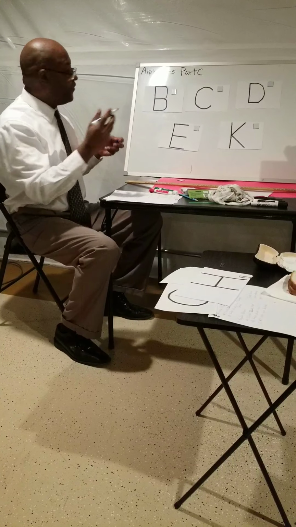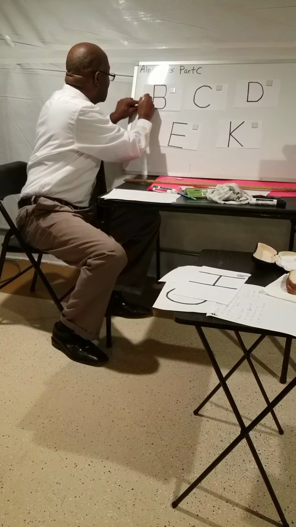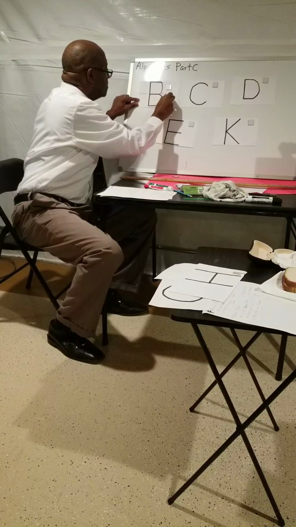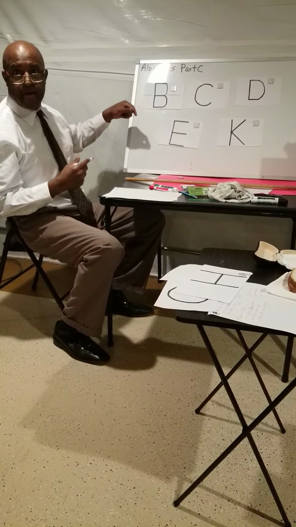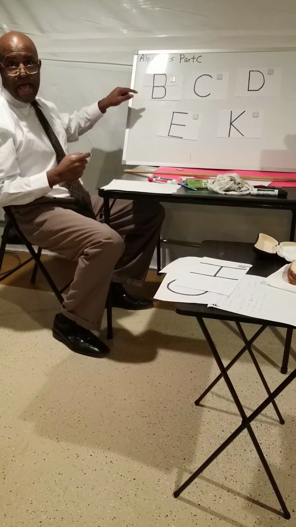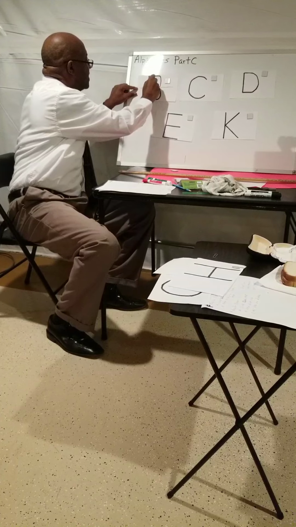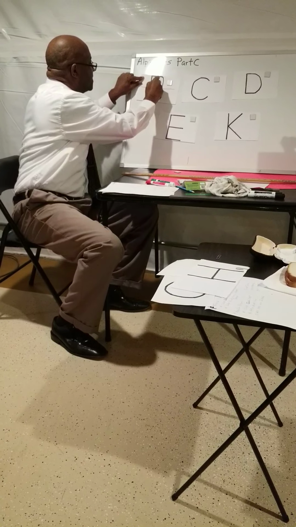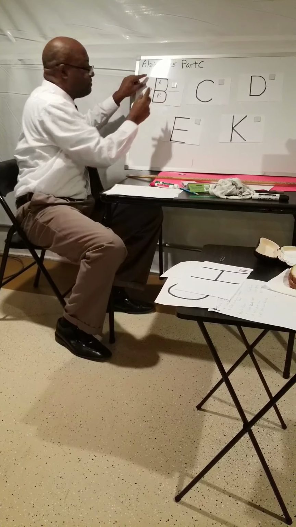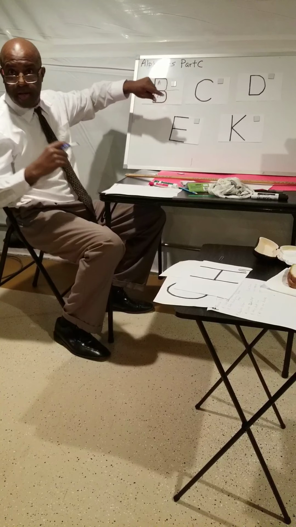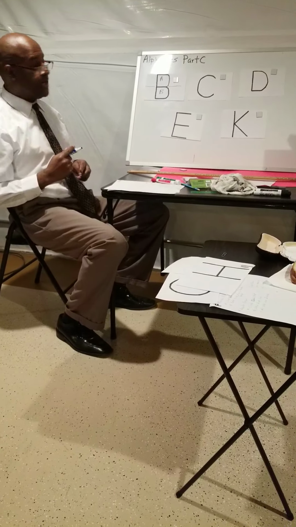Okay, so if we go side to side, cut this B in half. And if we cut it in half, that blue line is the line of symmetry. And line symmetric, part A and part B, when you fold them, what happens? They both look exactly the same size and shape.